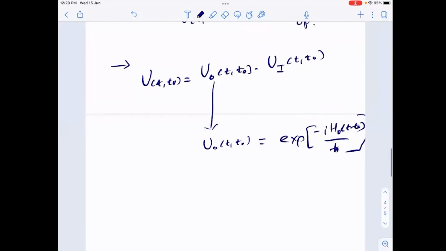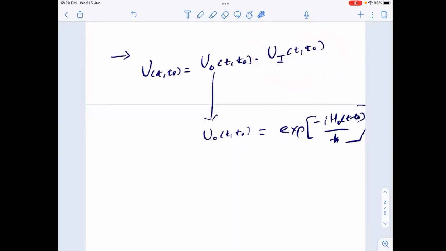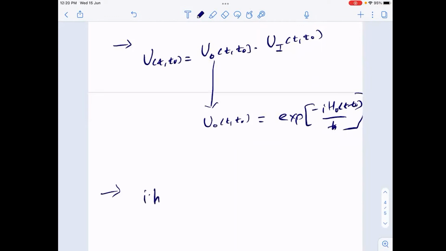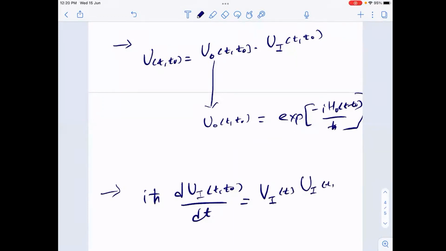And UI(t,t0) is the evolution operator in the interaction picture. So if we follow the differential equation, the Schrodinger equation, then for UI we can write the equation as i h cut dUI(t,t0) upon dt is equal to VI(t) UI(t,t0), right?